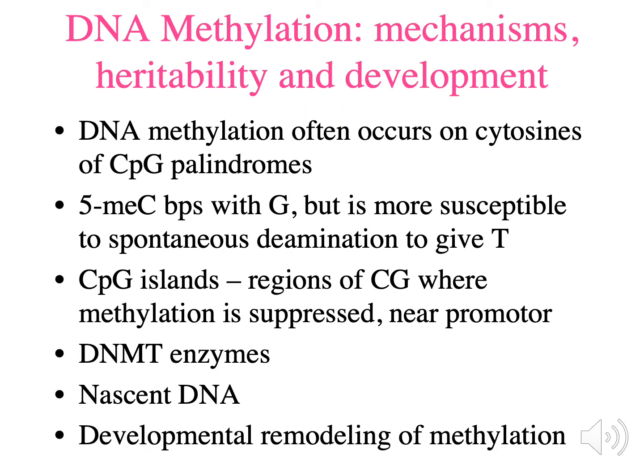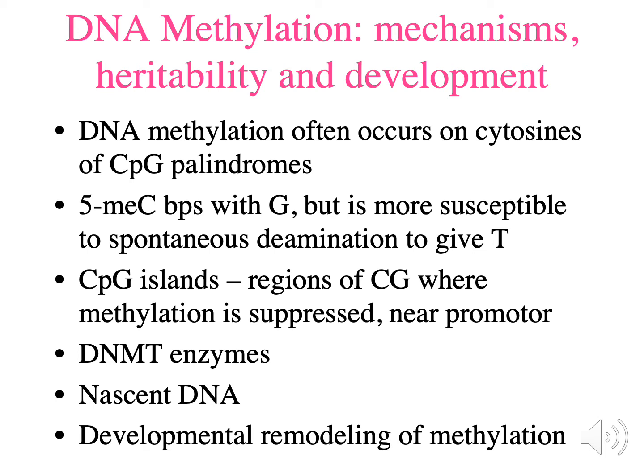Next, let's talk a little bit about DNA methylation, its mechanisms, heritability, and influences during development. So DNA methylation often occurs on the cytosines that are found in CG palindromes. And remember, a palindrome is something that reads the same forwards and backwards. So these are where characteristically we see that DNA methylation occurs.